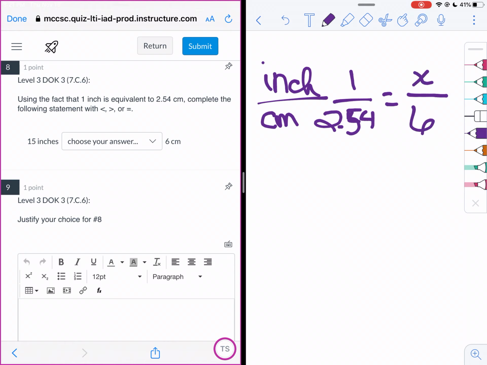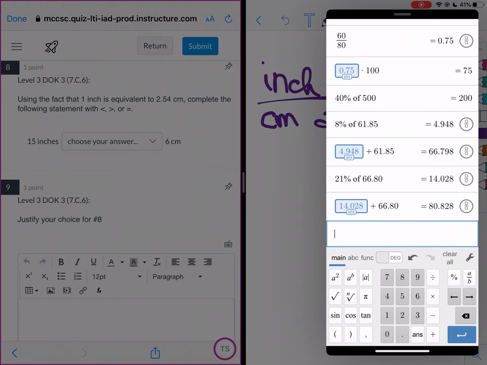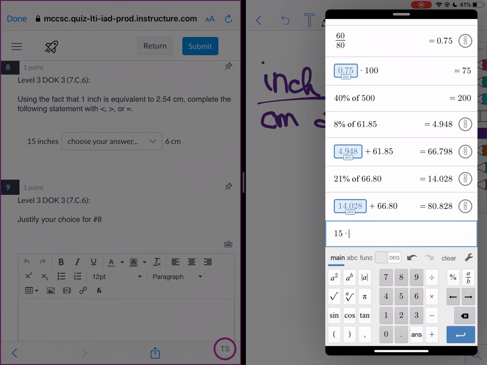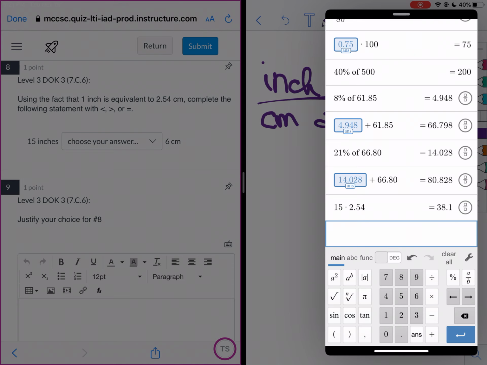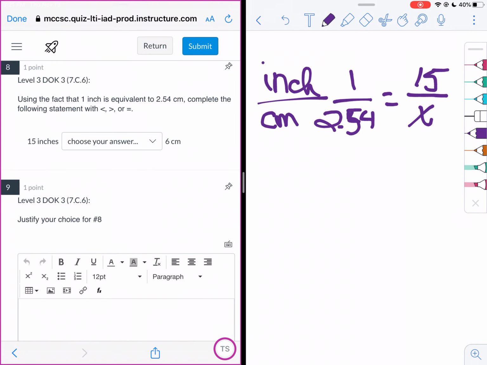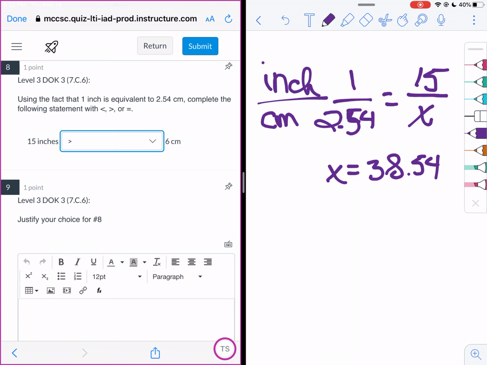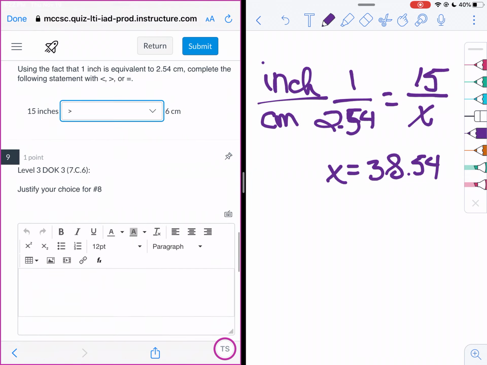Or we could have done, how many centimeters is 15 inches? So let's do that, because then we can just do 15 times 2.54. That gives us 38.1. Ooh, that's a lot. That's a lot more than 6. So yes, so 15 inches is definitely bigger than 6 centimeters.